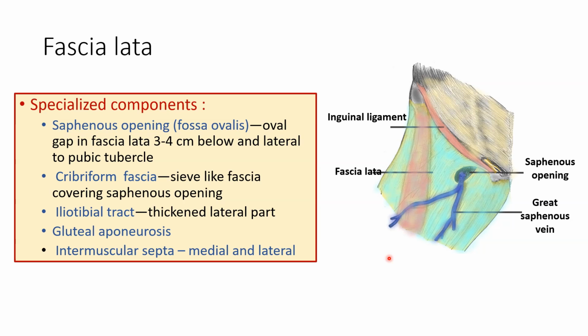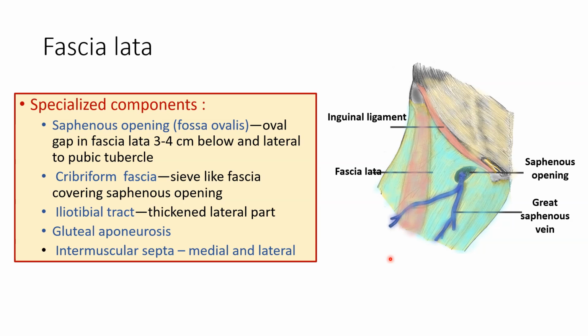There are two intermuscular septa which are extensions from the deep fascia, one is the medial and the other is the lateral, and they go to the linea aspera of the femur, which is seen on the posterior aspect of the bone femur.